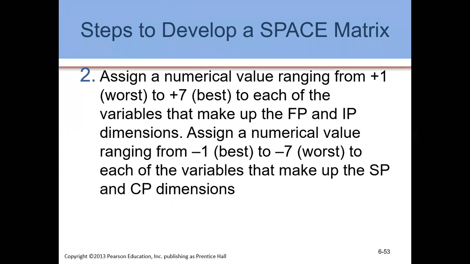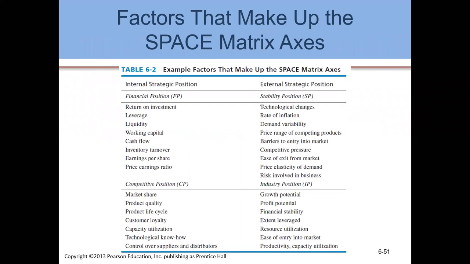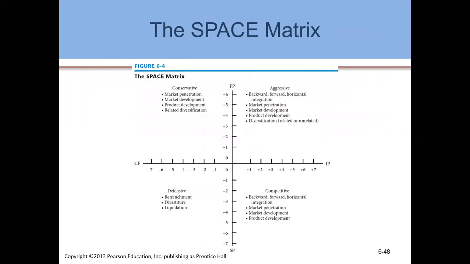Now, contrary to that, assign a numerical value ranging from -1 best and -7 worst to each of the variable that make up the SP and CP dimension. Now we have to change the parameters. Let me move to the diagram again. Here comes the graph. On the negative y-axis, remember that the value of -1 is greater than -7.